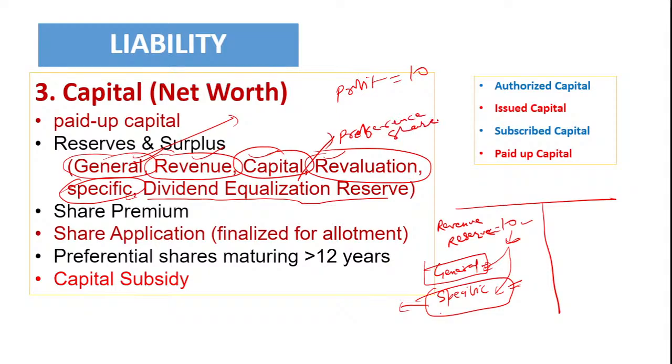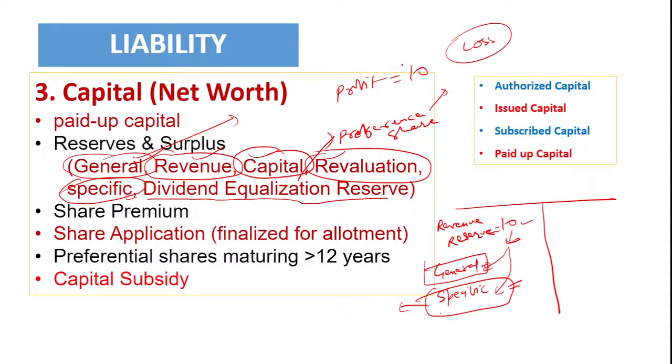As I said in the beginning, at the time of discussion on what is preference share, in the preference share it is fixed that this much percentage of dividend the company will give to the preference shareholder. But suppose the company next year is going to incur loss. So in that case, how will the company give the dividend to the preference shareholder? So in that case, what will the company do, friends?